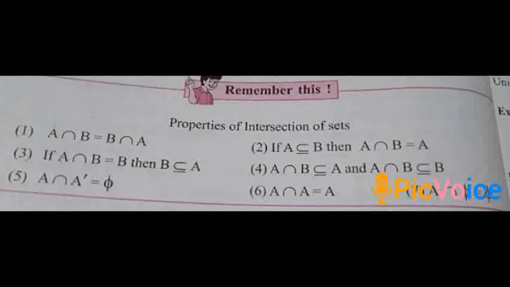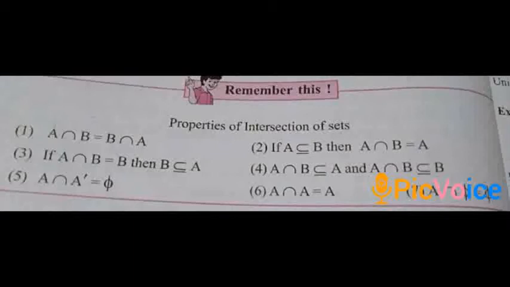Now if A is a subset of B, then A intersection B will be equal to A. And if A intersection B is a subset of A and A intersection B is a subset of B also, then what can you say?